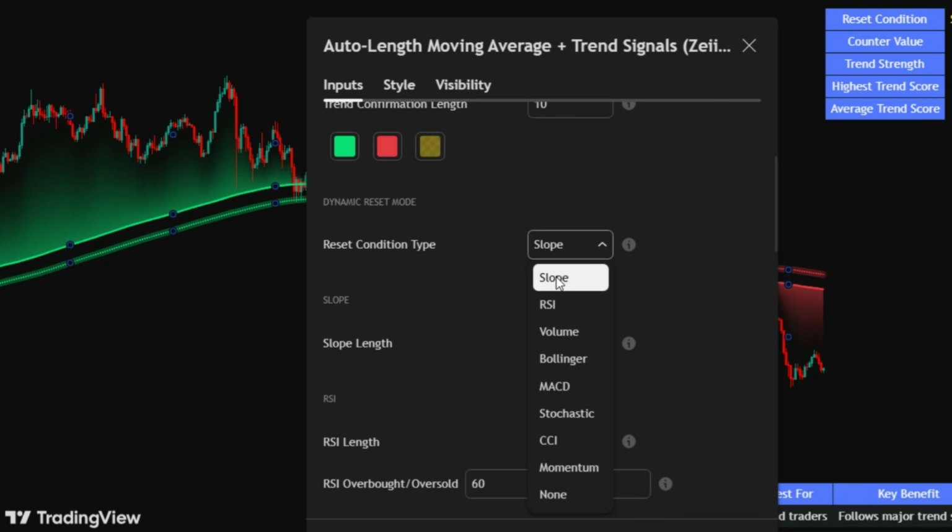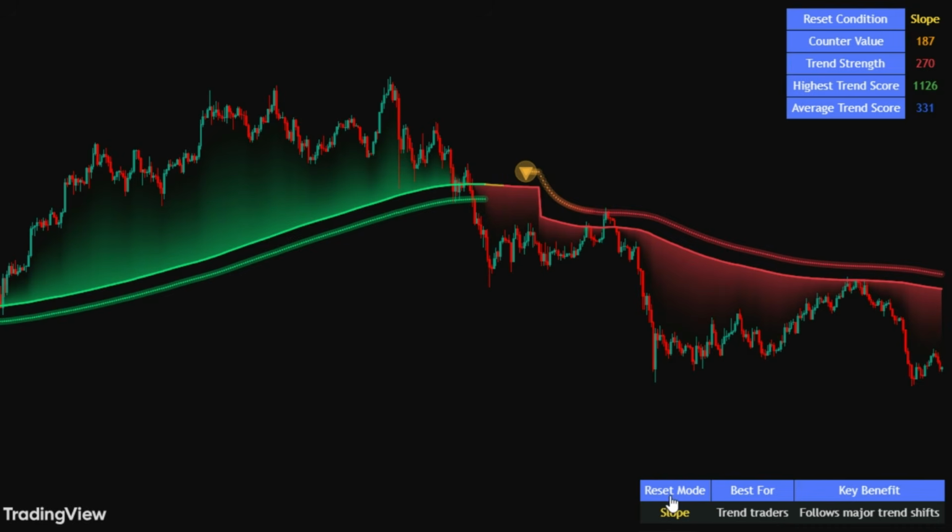For example, if you select slope, on your chart you can see in the table below that it is best for trend traders, and its main advantage is that entry signals are generated only when there is a significant shift in market momentum, and this alone helps filter out a lot of market noise and can reduce false signals during choppy markets. As a result, the indicator tends to focus on longer-term trading opportunities that align with major trend changes rather than short-term fluctuations.